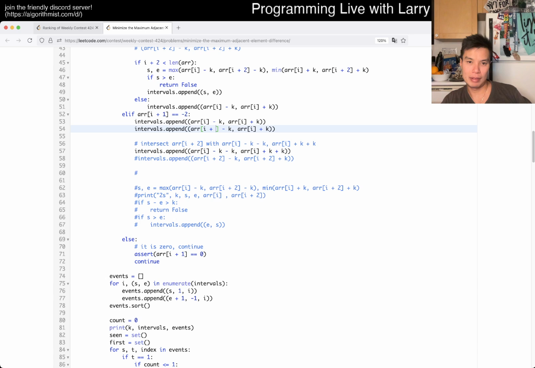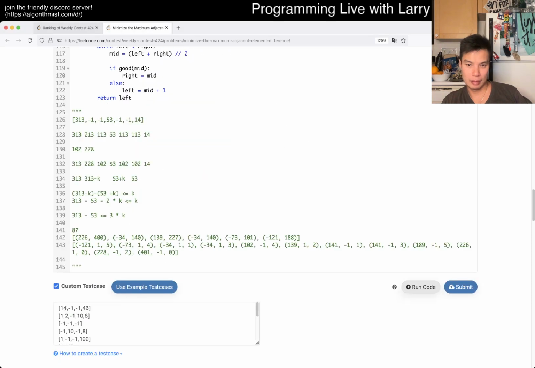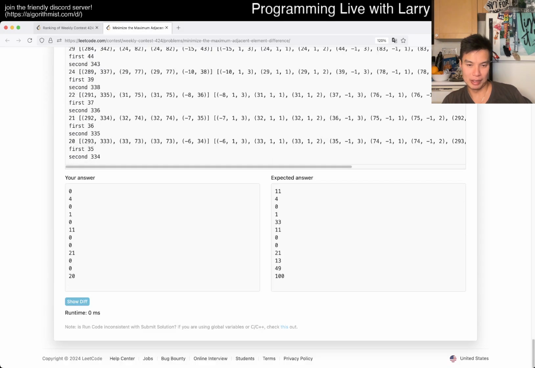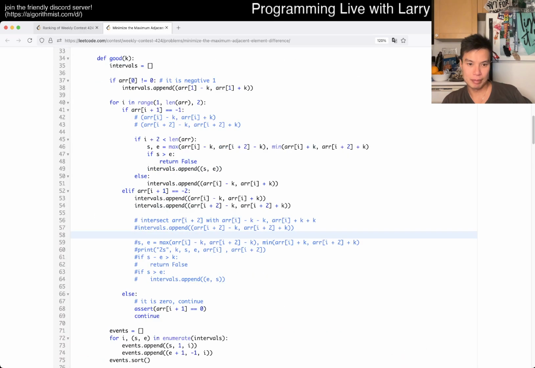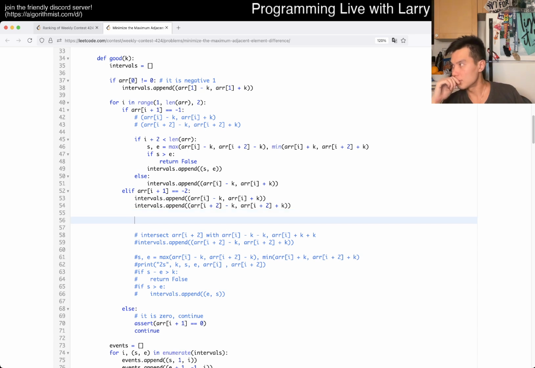Maybe I could just do the math. Is that even reasonable? I thought this would work, honestly. But this case is just destroying me. Okay, well now it's just even worse, but why does it think that 81 is good again?